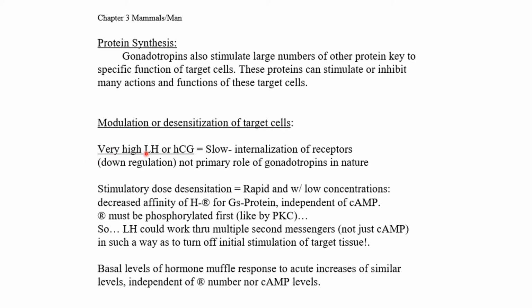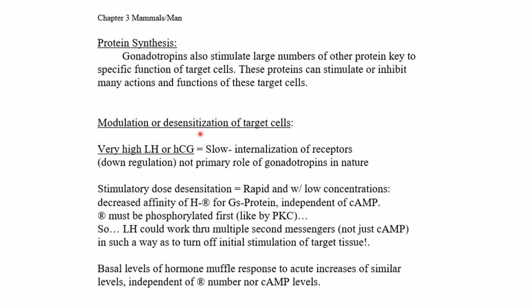It's a very slow internalization of receptors. So the receptor we just saw, this target cell has the ability to pull that receptor back inside the cell and take it out of the cell membrane. That's not a primary role of any gonadotropin in nature, but in case the pituitary got too much GnRH and released too much LH, the target cell's not going to go crazy, it's going to become desensitized.